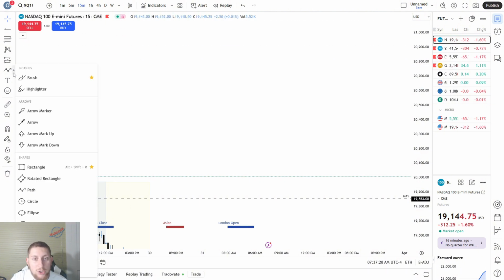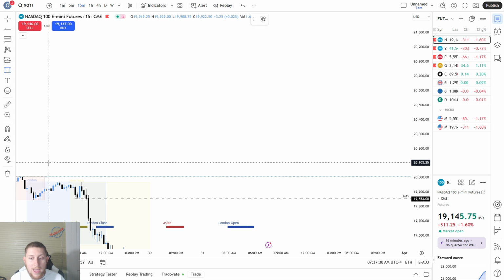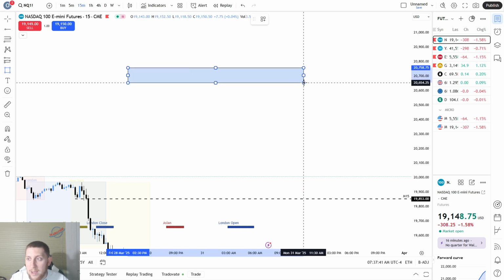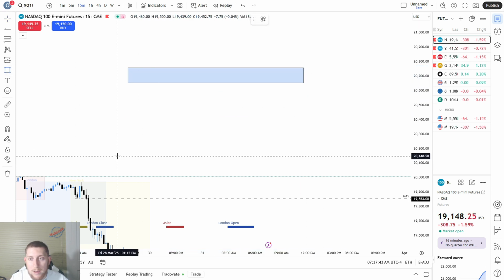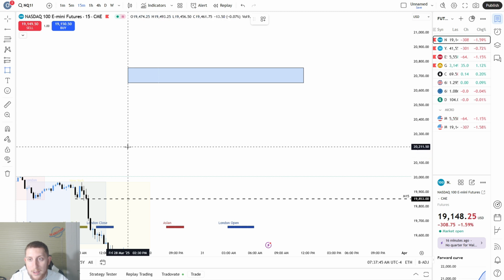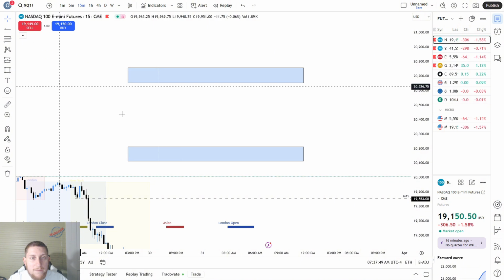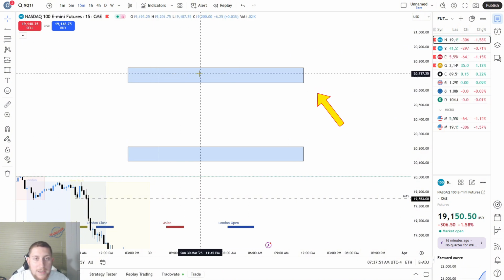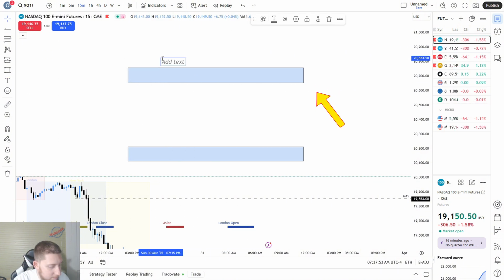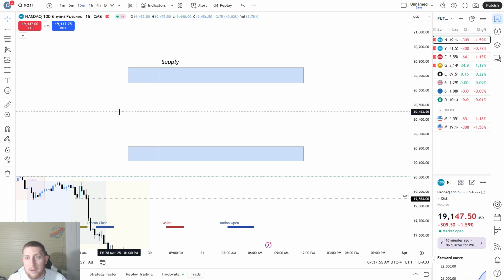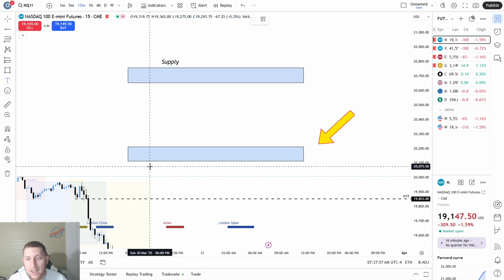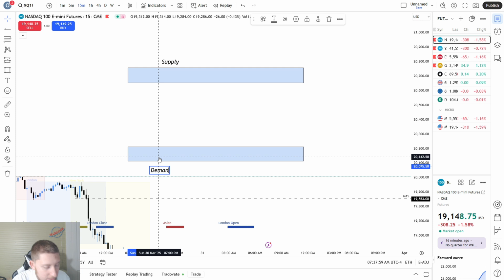Now, I'm going to show you it this way first, and then I'll show you the actual way I use it. I'm going to just draw a square right here, and then I'm going to draw a square right here as well. So let's think of this top rectangle as a level of supply, and this bottom one as a level of demand.